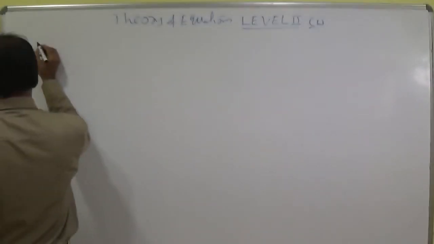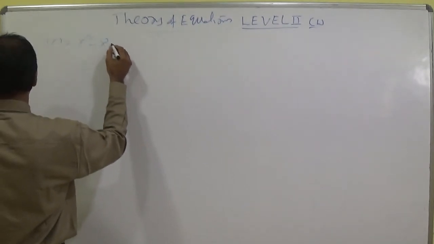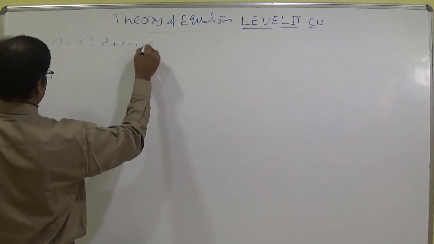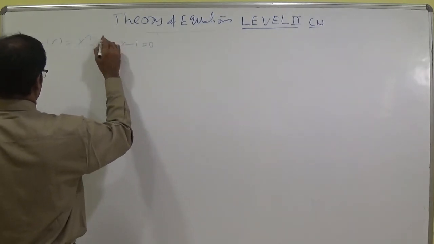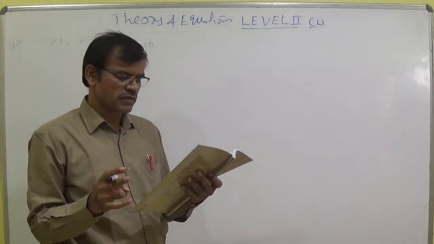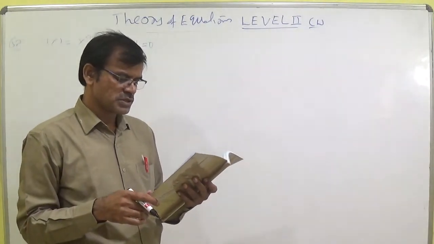37th question. F of x is equal to x power 4 minus x cube plus x minus 1 equal to 0. Simply you can verify. Two roots are given: substitute 1 as a root, and substitute minus 1.